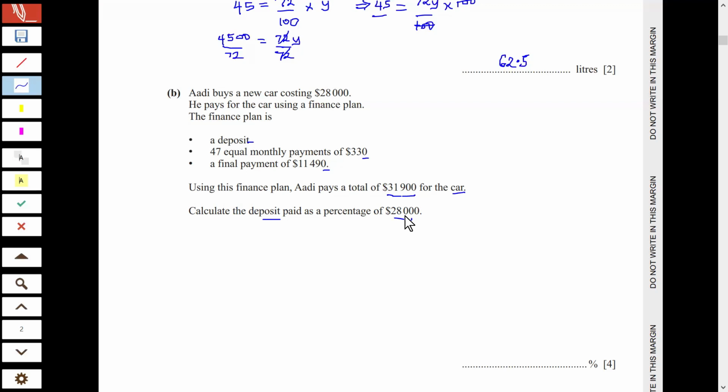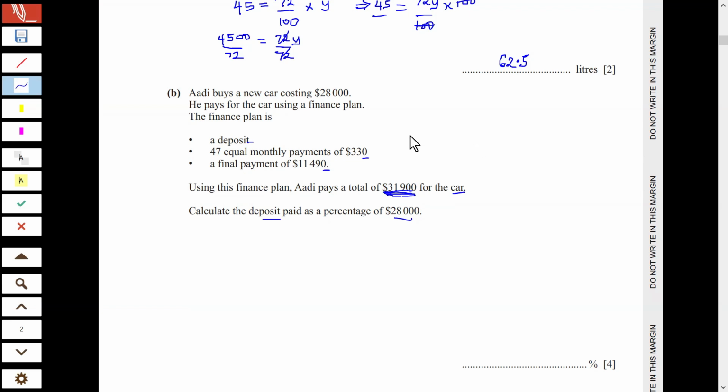Now, we have to underline the keywords here. We're told that Avi pays a total of $31,900. And then we have to calculate all these amounts and subtract from 31,900.